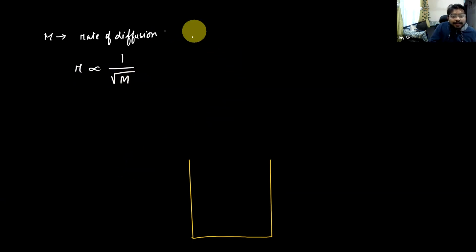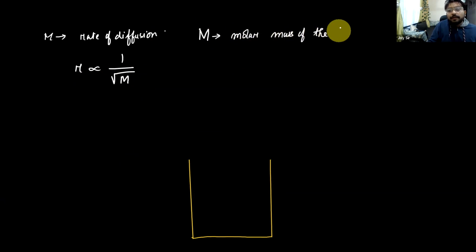R is the rate of diffusion, and capital M is the molar mass of the gas molecule. So according to Graham's law, the rate of diffusion is inversely proportional to the square root of the molar mass of the gas.